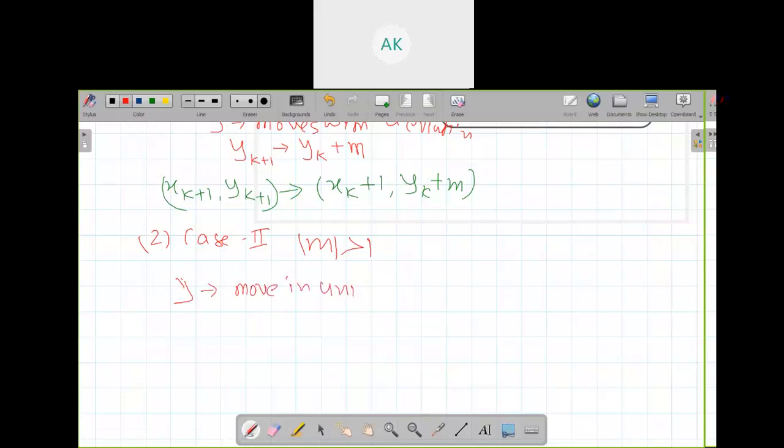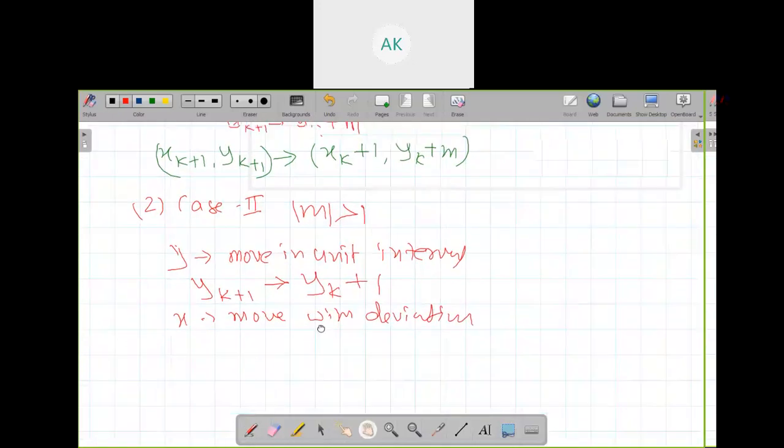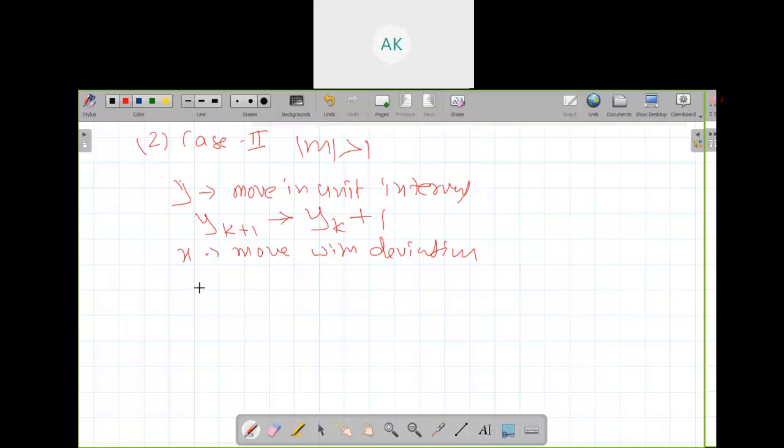Moving in unit interval means the next yk point will be your current point plus 1, and x moves with deviation, which means xk plus 1 will be your current xk plus 1/m.